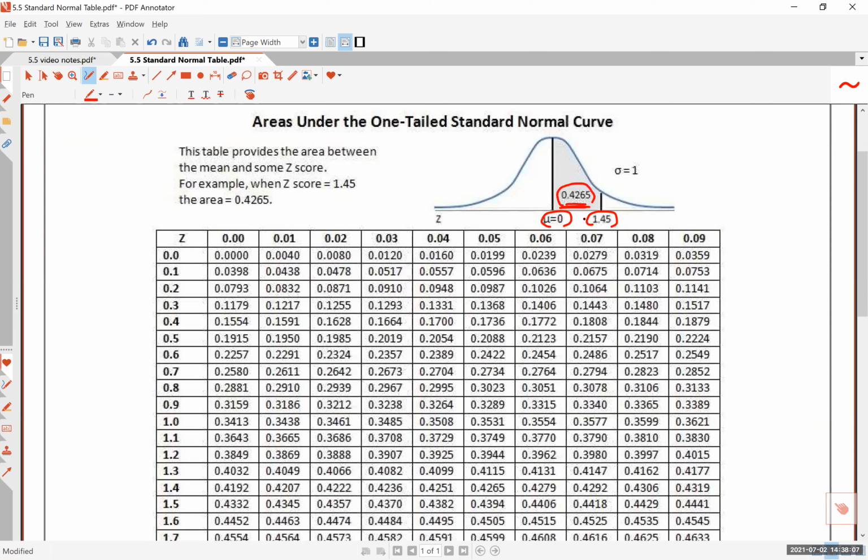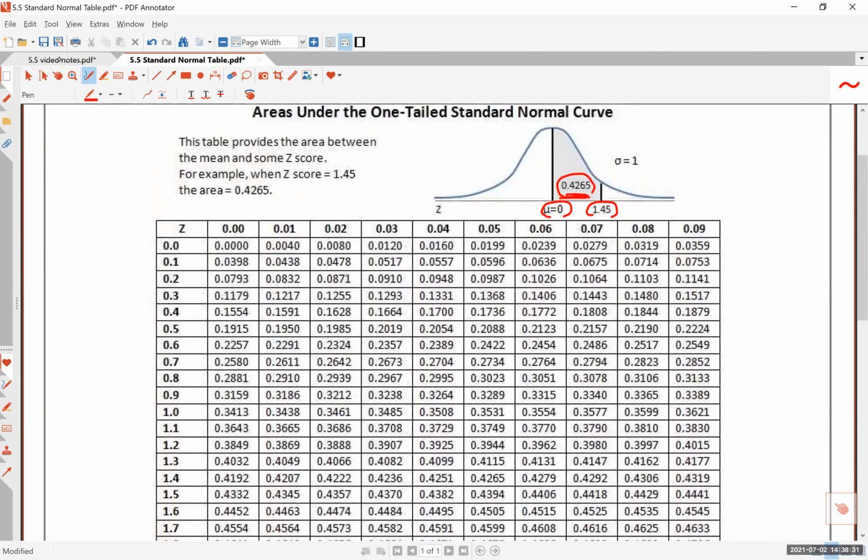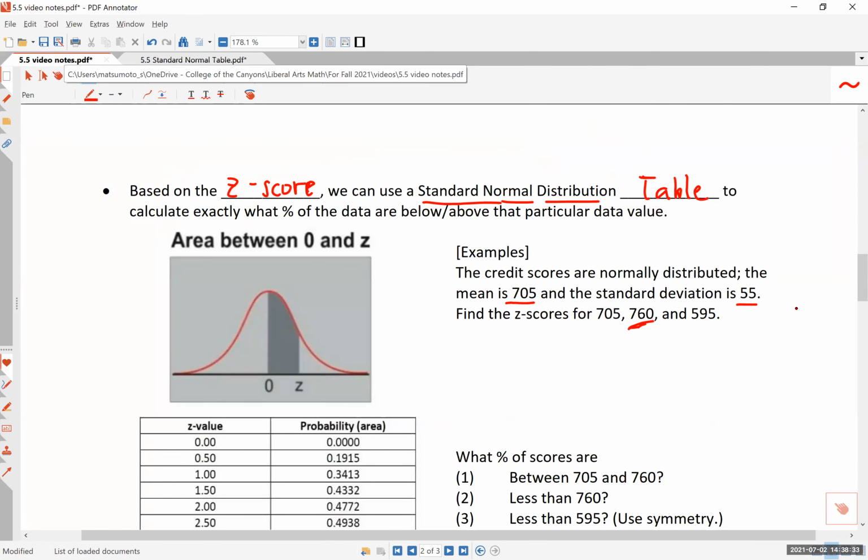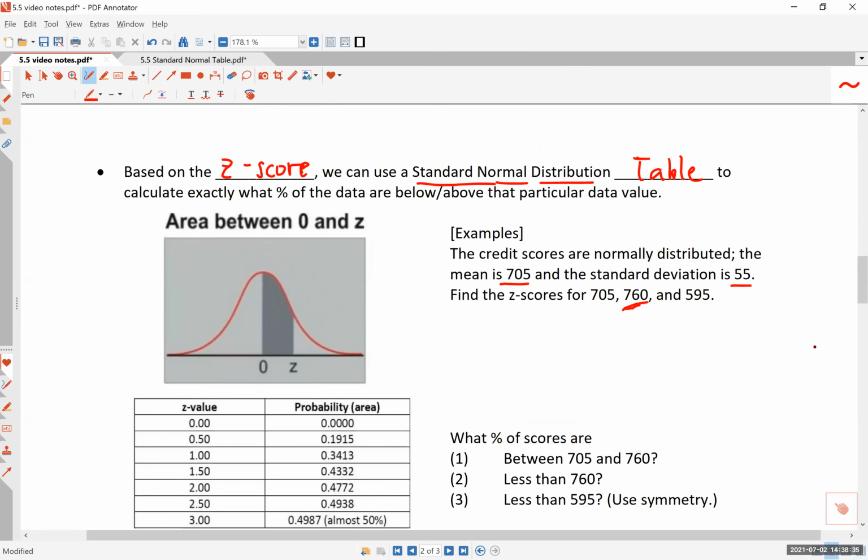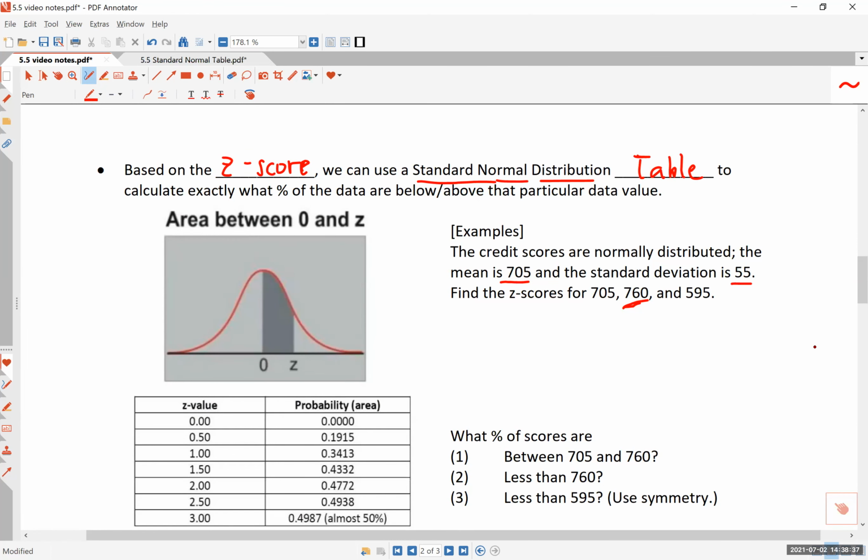For instance, in this table, the percentage of values between the z of 0 and the z of 1.45 happens to be 42.65% of the data. That's the kind of precision we can find using the standard normal curve and the table. Make sure you access this or print this out before we go any further. I will continue on the second part of section 5.5.